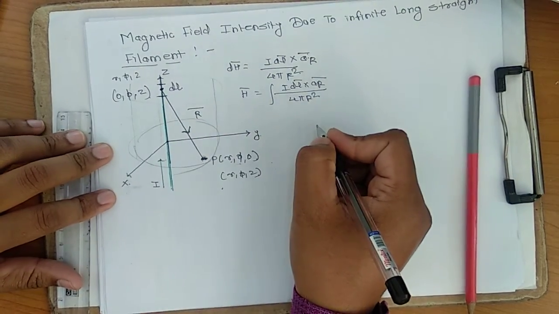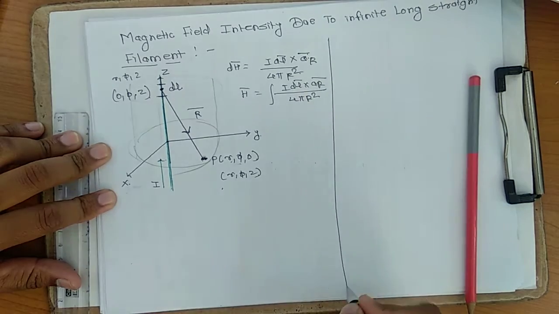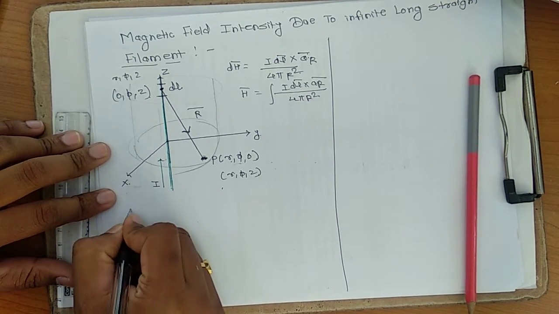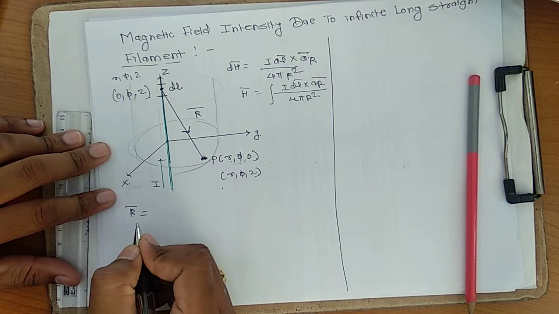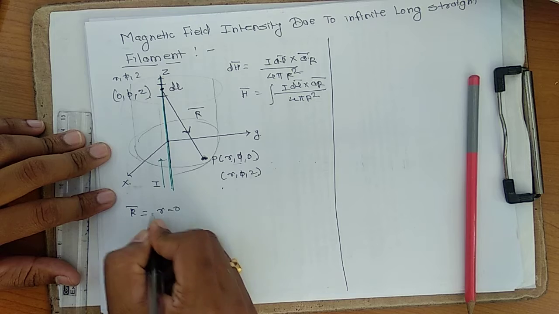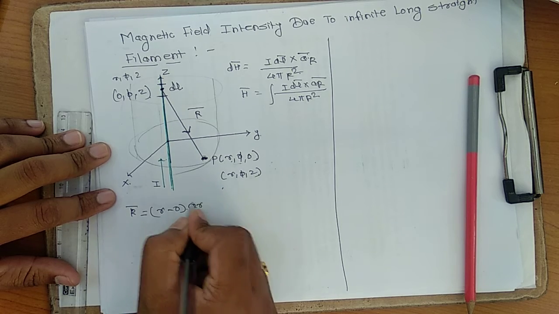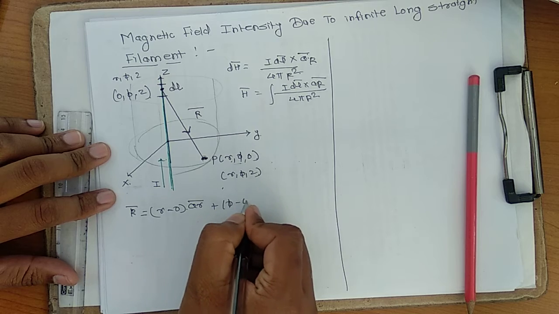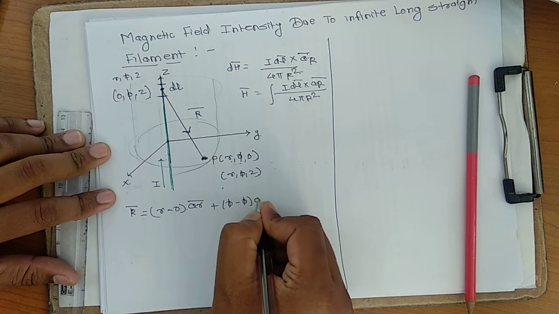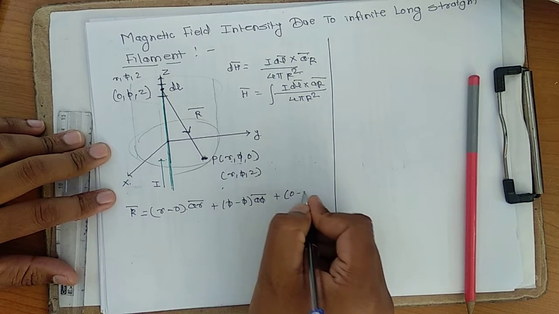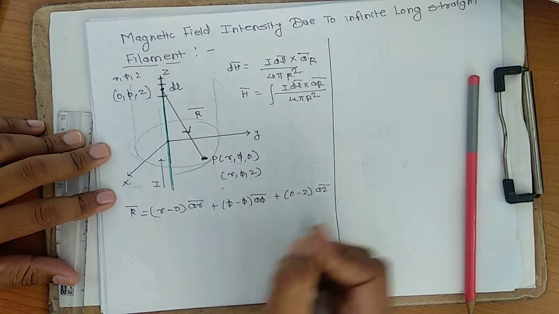Now we have to calculate the r bar, so step by step we will move on. How to calculate r bar? Final minus initial: r minus 0, that is a r bar, plus phi minus phi 0, that is a phi bar, plus 0 minus z, a z bar.